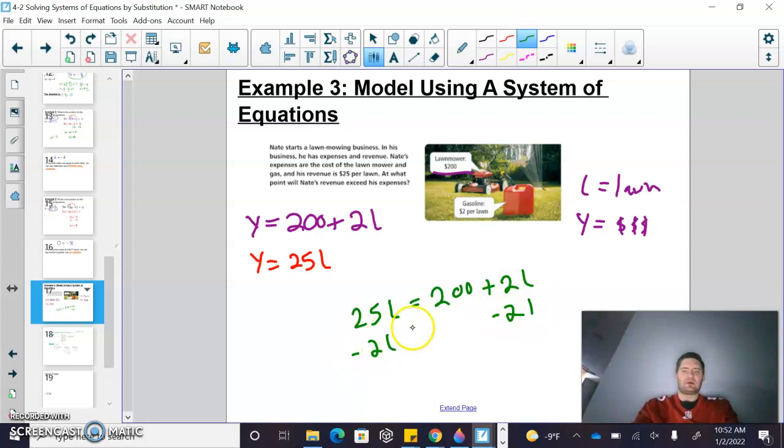Then we're going to subtract 2L from both sides. You get 23L is equal to 200. And then you just divide. You get 200 divided by 23.